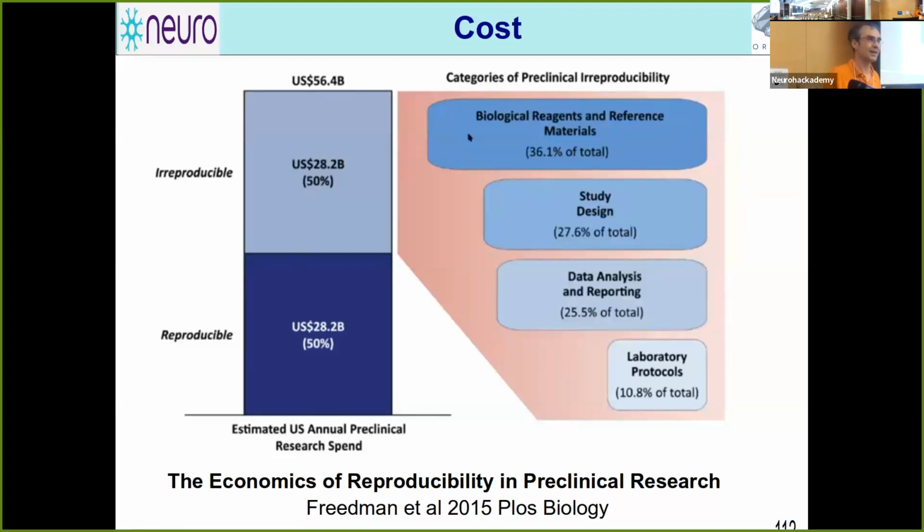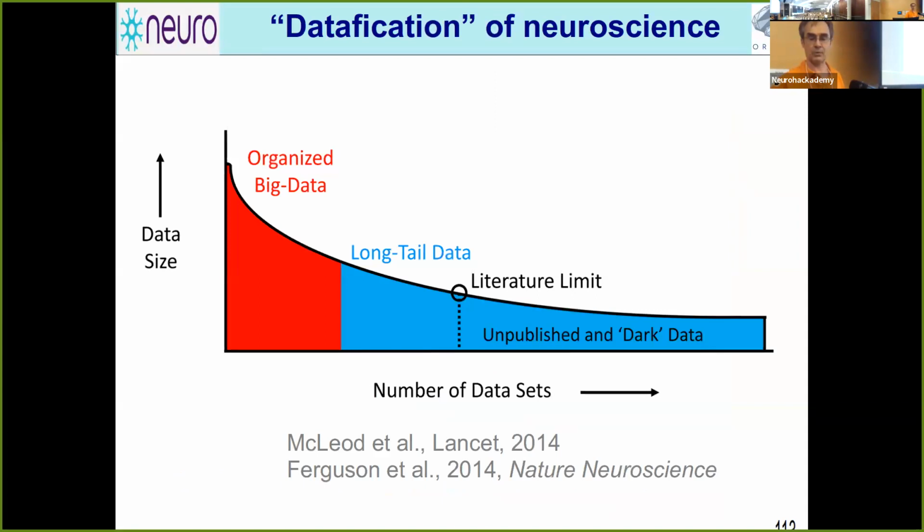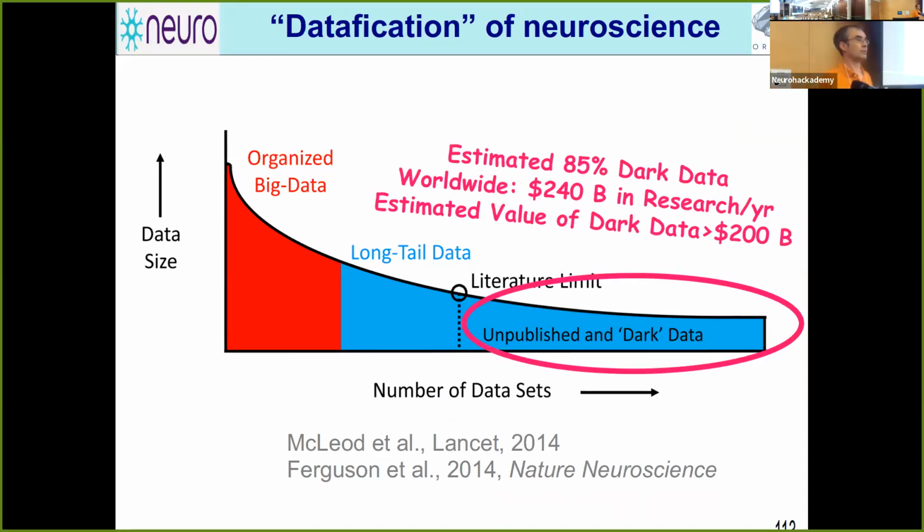It's just huge. And same thing for the data. There was this paper trying to assess how much loss of funds is done with unused data and unpublished data, and again, those numbers are probably wrong, but it doesn't really matter. Those numbers are big.